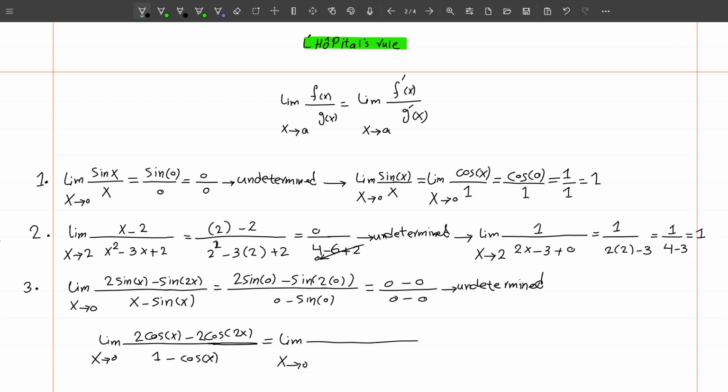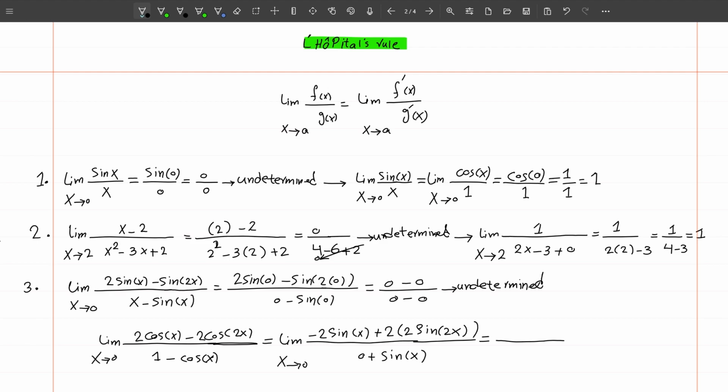So the derivative of 2 times cosine of x is negative 2 times sine of x, because the derivative of cosine is negative sine, minus the derivative of 2 times cosine of 2x, which is going to be 2 times sine of 2x, and this negative becomes a positive because of the derivative of cosine, and the derivative of 1 is going to be 0, and the derivative of cosine of x is going to be negative sine of x.